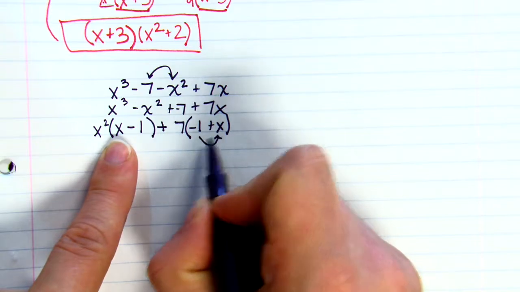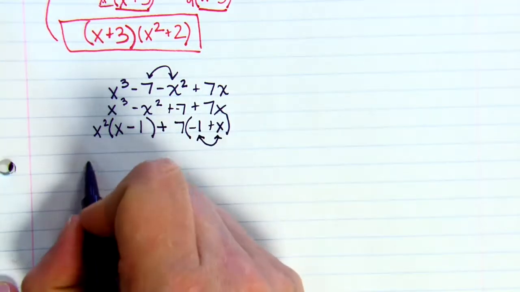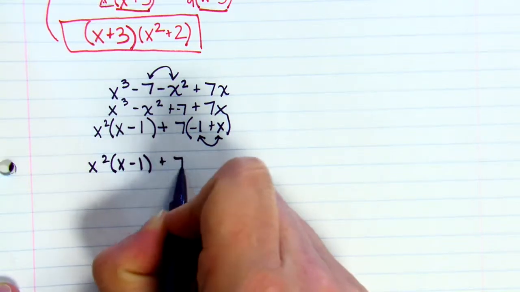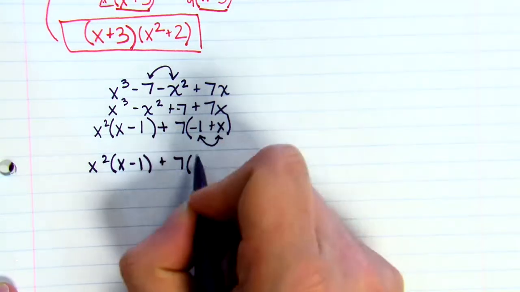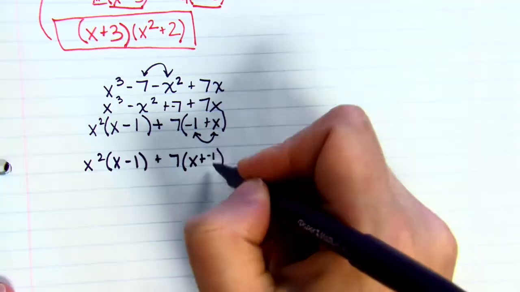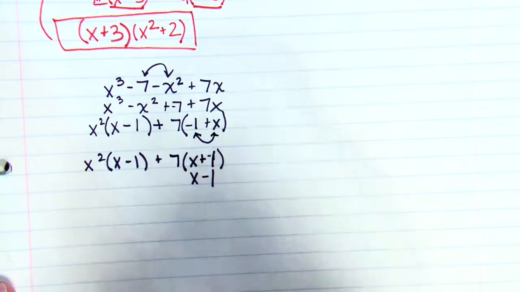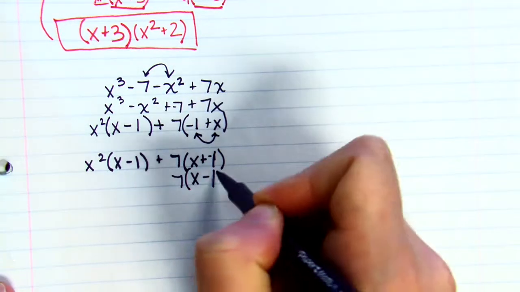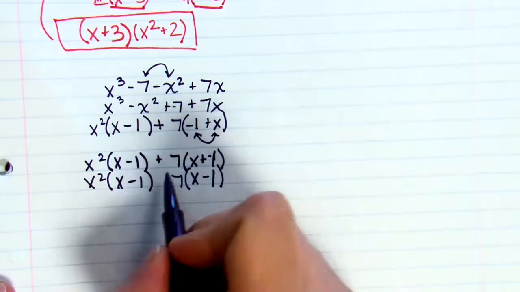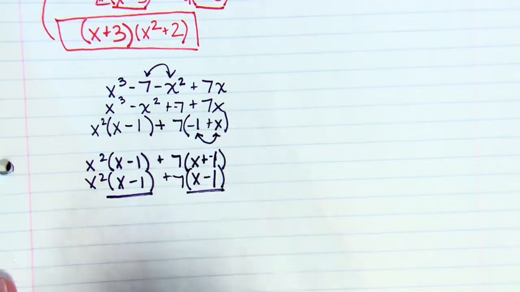Let's use our commutative property again and switch those. So this has an x minus 1, and this is 7 times, because this is addition, I can do the commutative property, x plus negative 1 or x minus 1. So I had to do a little bit of trickery to see that these actually do have that x minus 1 factor in common.